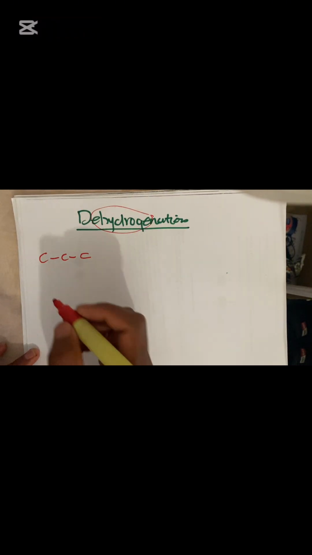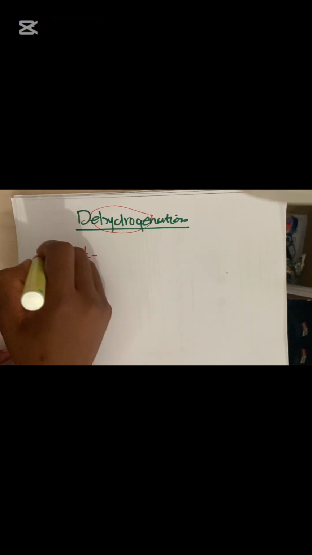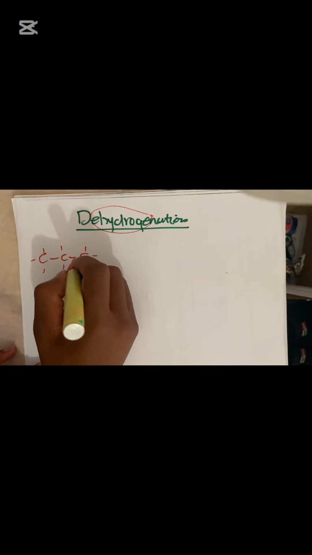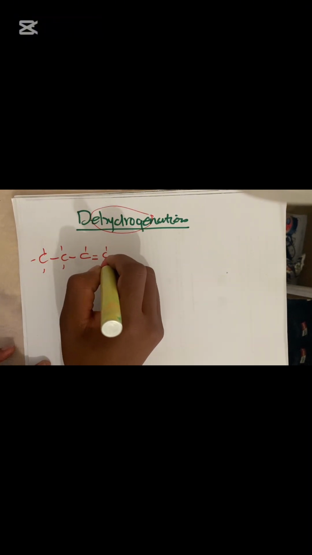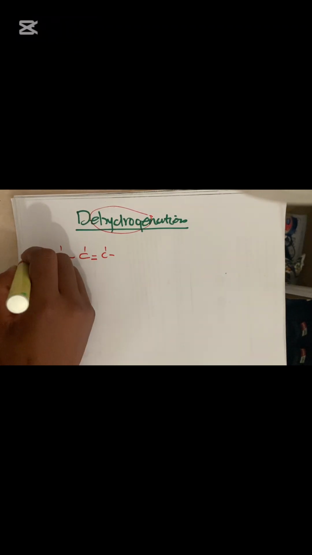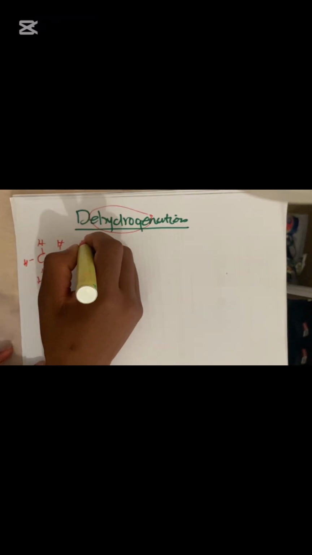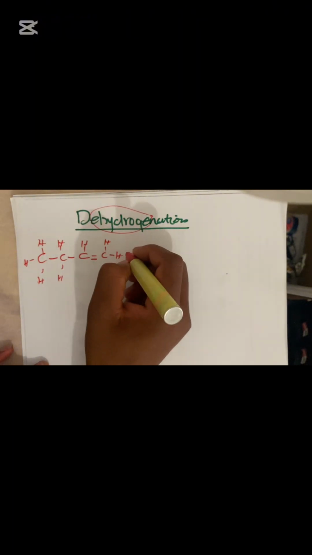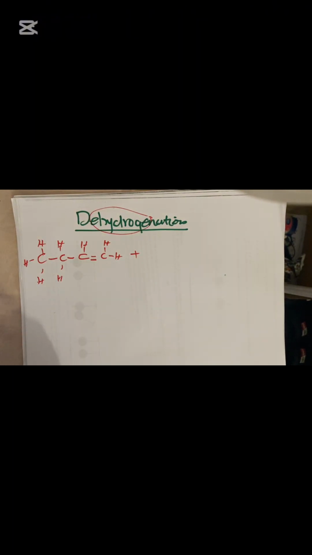So we have a product like this one, and then we have hydrogen, hydrogen, hydrogen, hydrogen, hydrogen, hydrogen. We will just be removing hydrogens here, but we follow the Zaitsev rule. That says when you remove, you must take the one with the least.